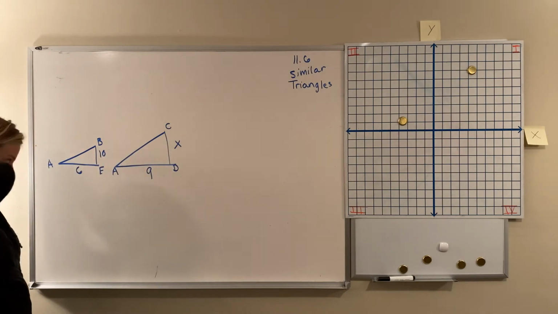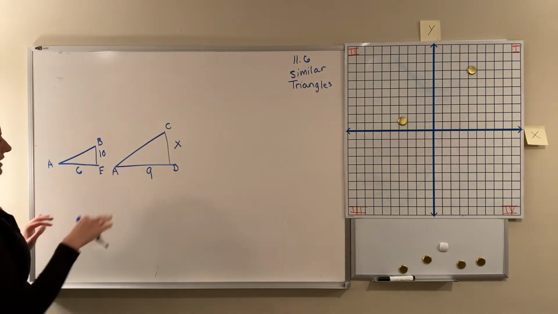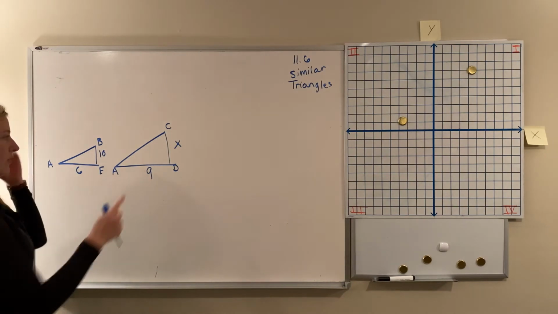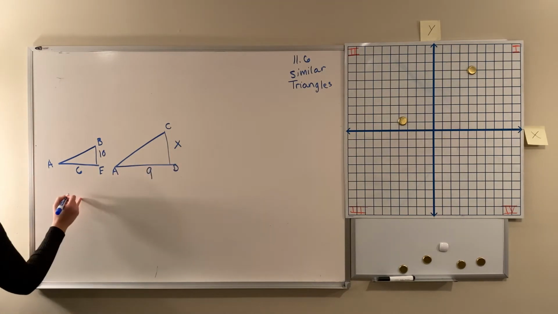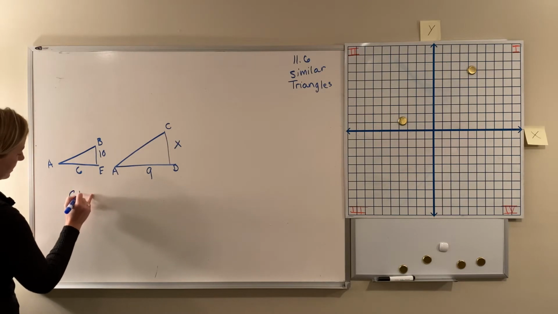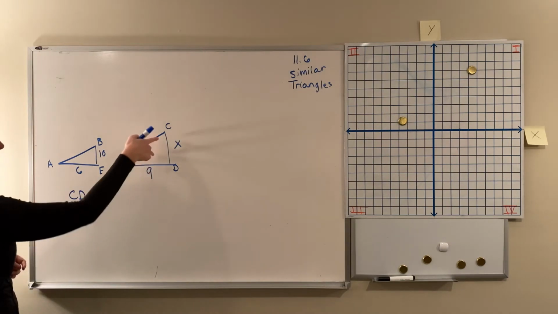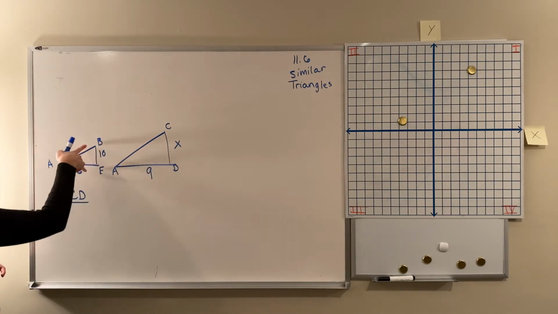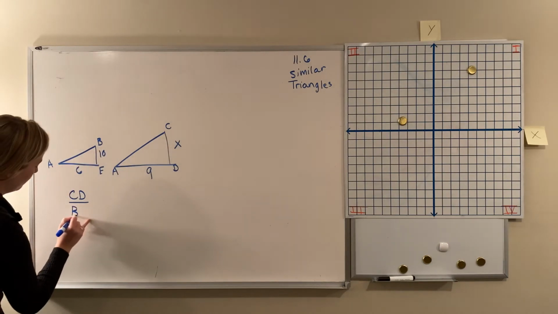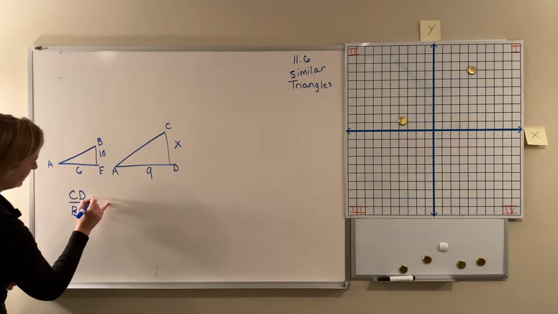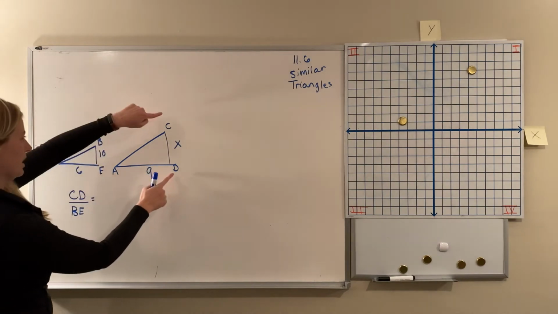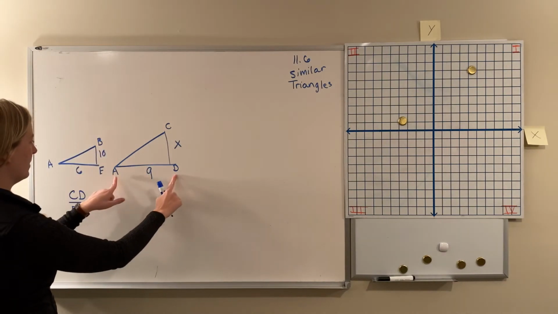Well, it's pretty easy to do here because they're only giving us the amount of information we need to solve. Our job is to solve for X. So CD is what we're solving for. CD corresponds to what? It corresponds to BE. Now we need to fill in the rest of it. So we had CD. Now we're going to compare our bases.